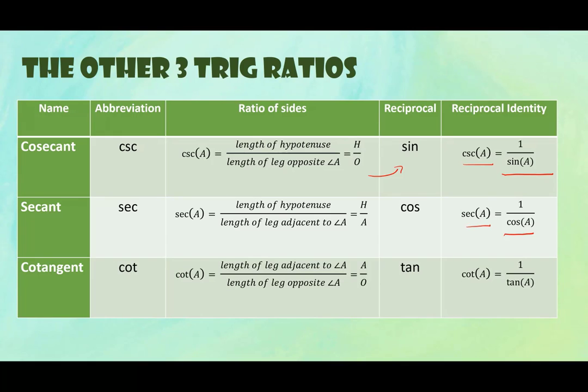So secant of A is equal to 1 over cosine of A. And then, of course, we also have cotangent. Cotangent, abbreviated COT, is going to be the length of the adjacent side to angle A over the length of the opposite side to A, or A over O, which should look again familiar because that's the reciprocal of tangent. So cotangent is equal to 1 over tangent.